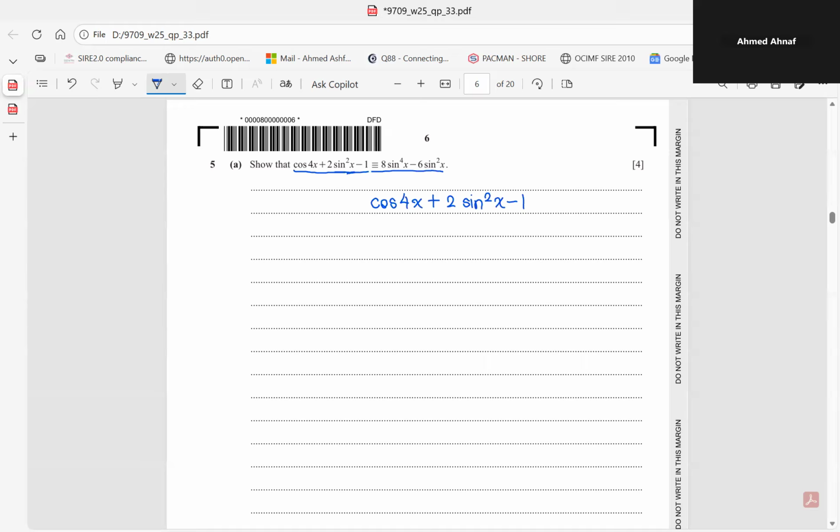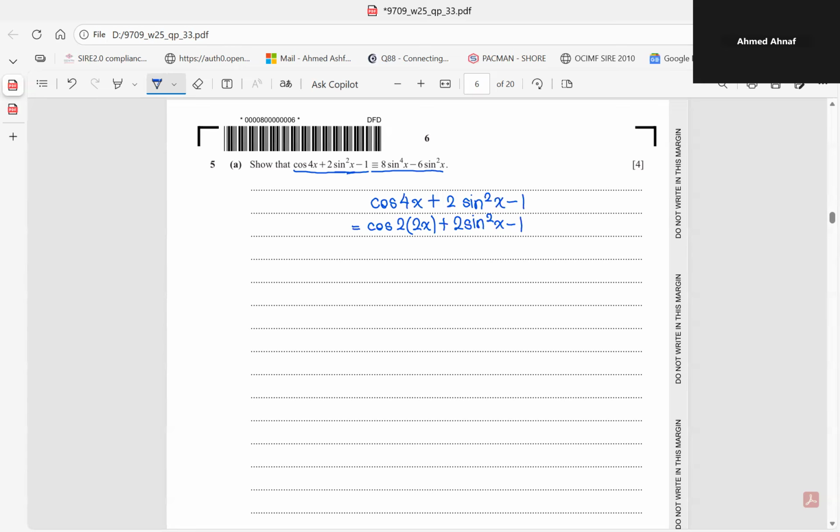So to start, we need to manipulate this cosine 4x. So this cosine 4x, we know it's just cosine 2 times 2x, so we can write it as that. So this is cosine 2 times 2x plus 2 sine squared x minus 1.